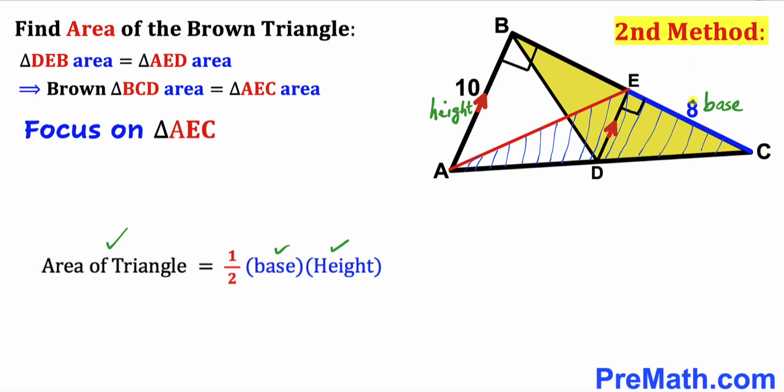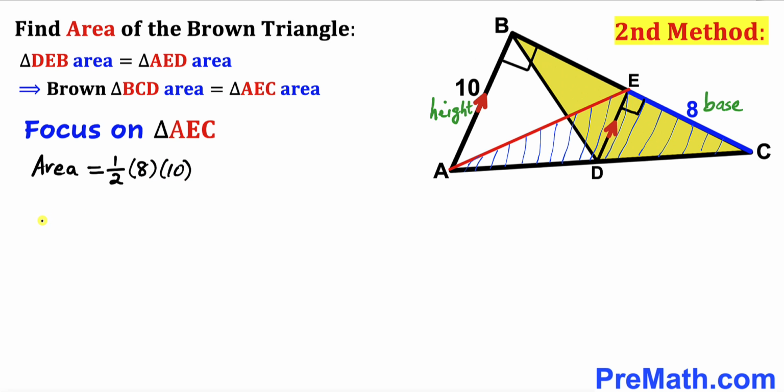In our case, our base is 8 and our height is 10. So the area of this triangle is going to be equal to a half times 8 times 10. Let's go ahead and simplify. So the area of this triangle turns out to be 40 square units.